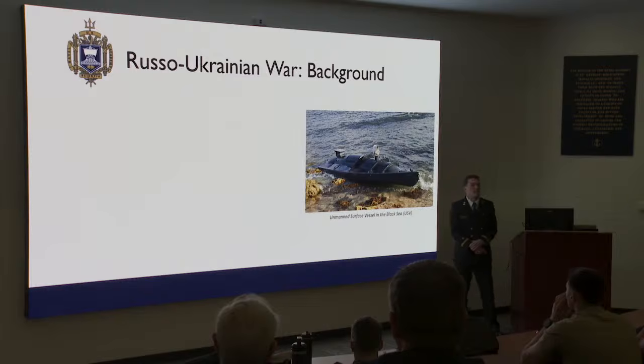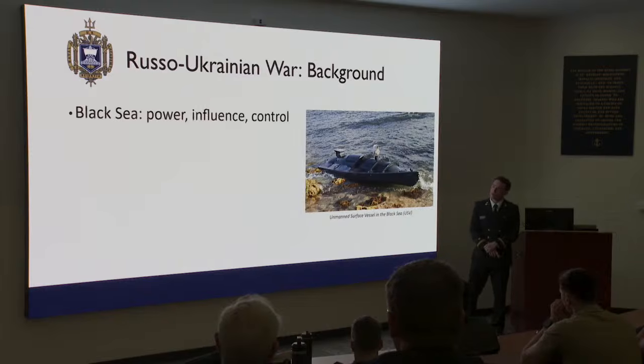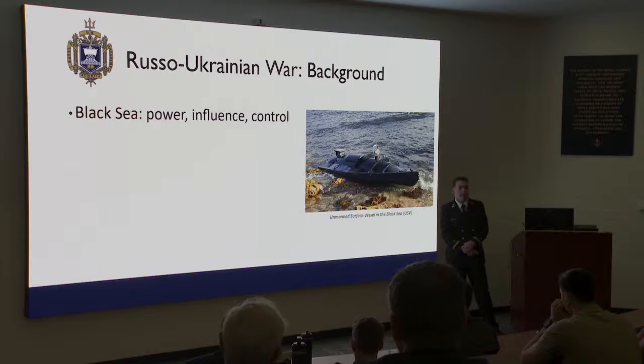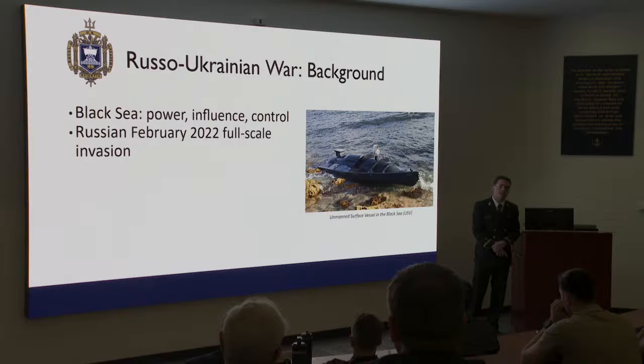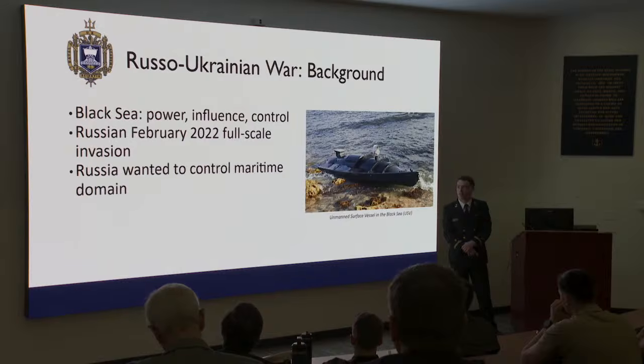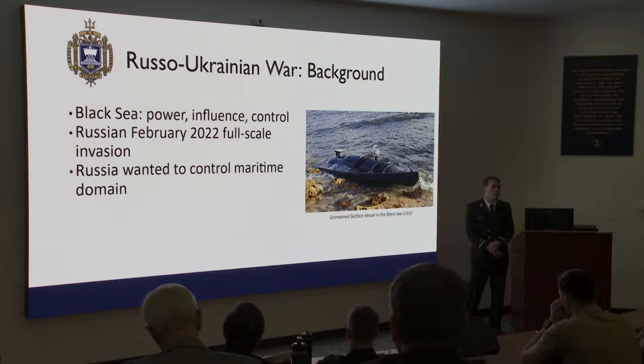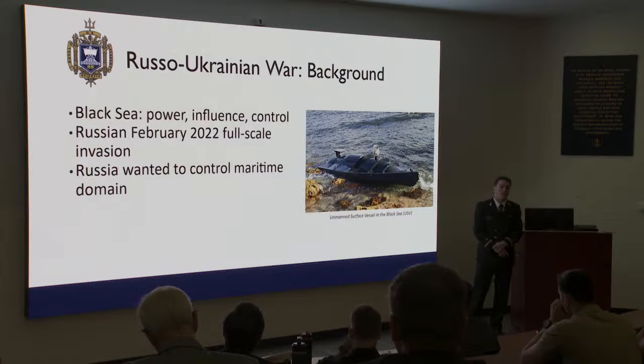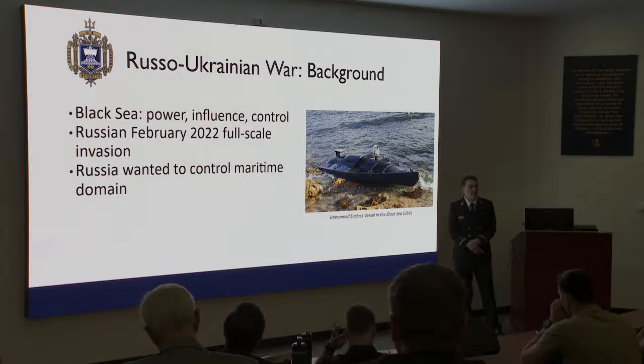All right, now let's jump into my second case, more modern, the Russo-Ukrainian War. So the Black Sea has been an area of power, control, and influence for thousands of years. And this was especially important during the Russian full-scale invasion of Ukraine in February 2022. So at this time, Russia not only looked to have control over the land domain, but also the naval domain.